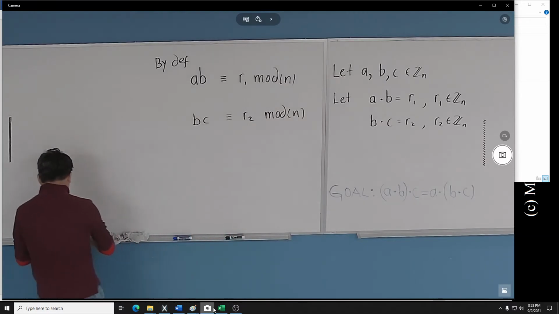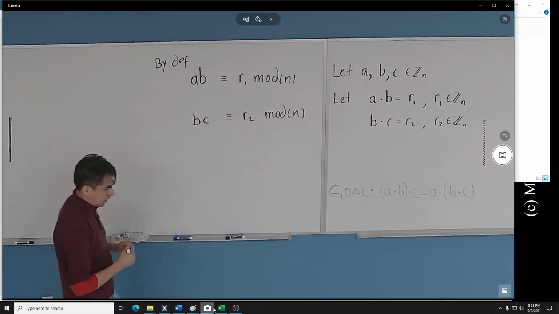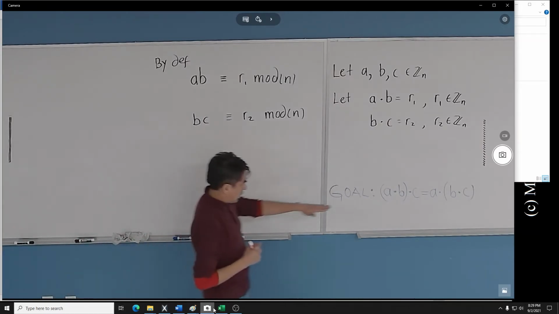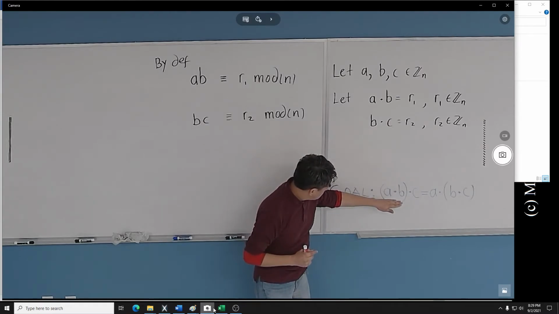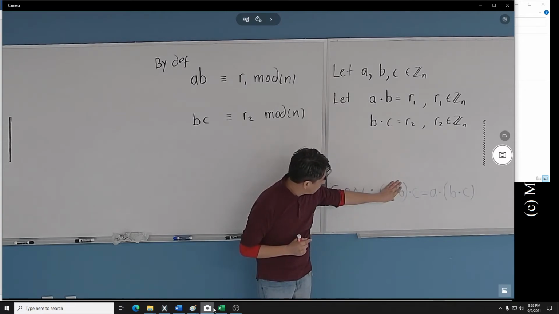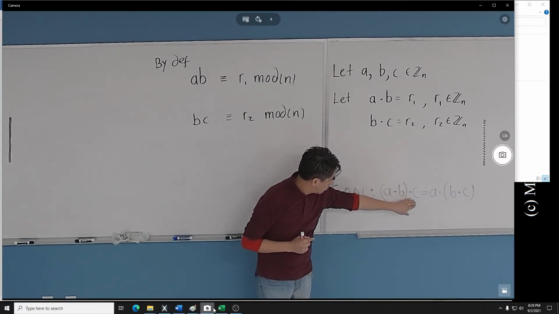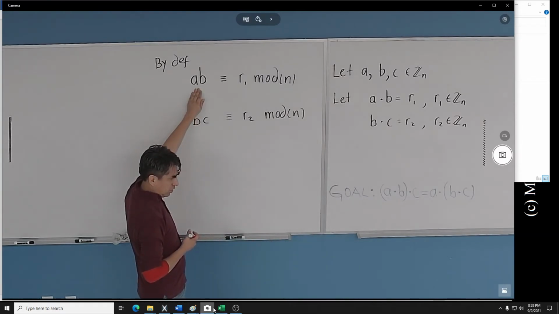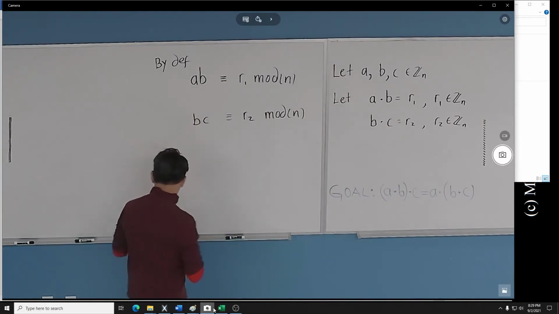Now let's make the following observation. When we're looking for this product modulo n, we would like to have the result of AB multiplied by C. Now, that can be achieved in our congruence.